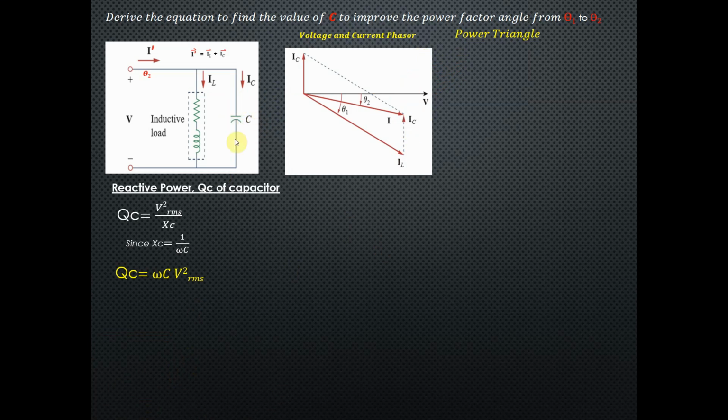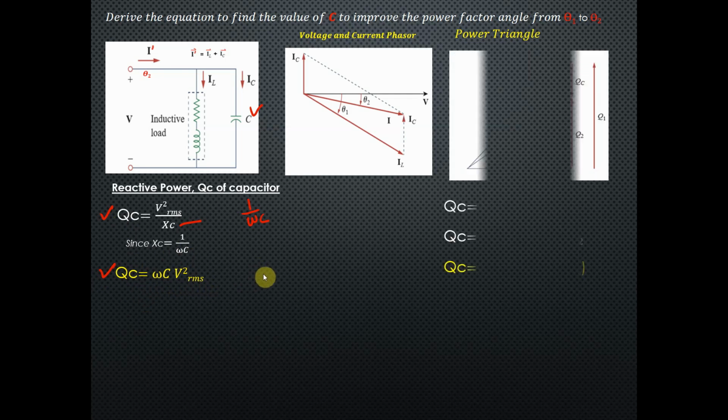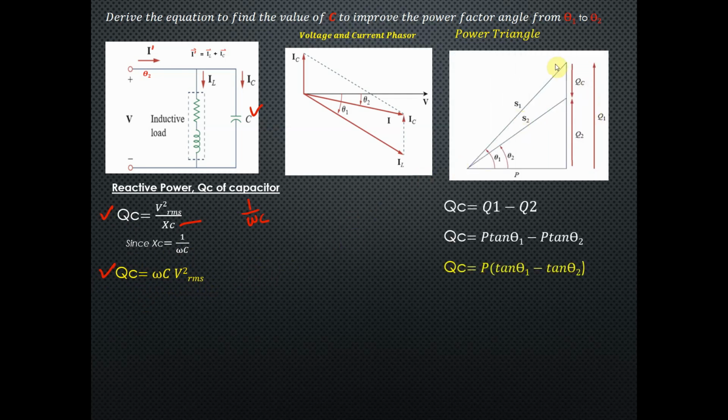For C, we can calculate the reactive power across C as QC is equal to Vrms squared over XC, where XC is equal to 1 over omega C. So solving for QC, we have QC is equal to omega C Vrms squared. Now let's check the power triangle.